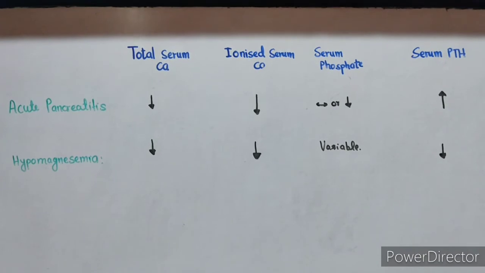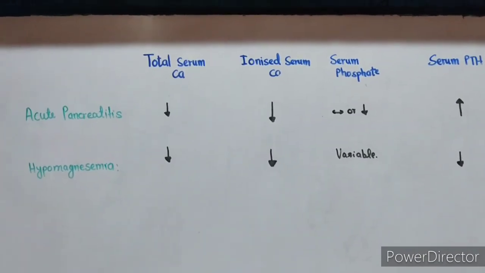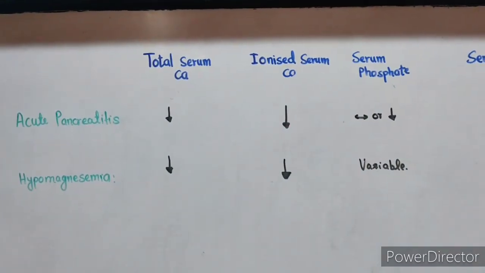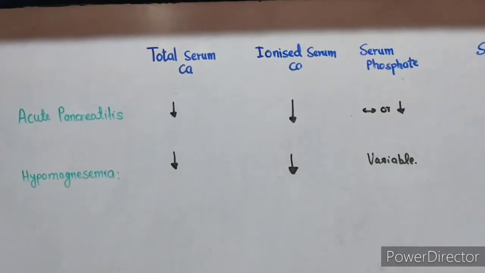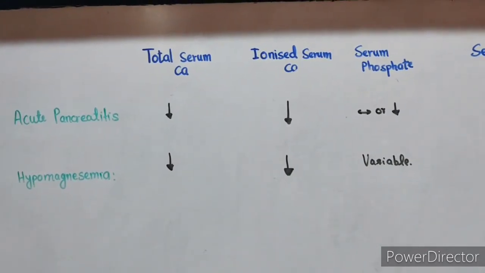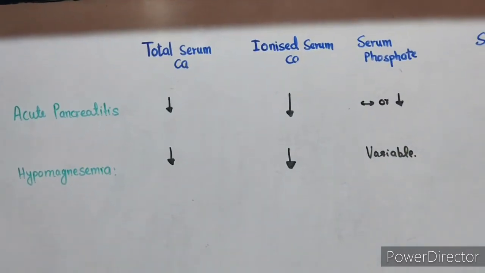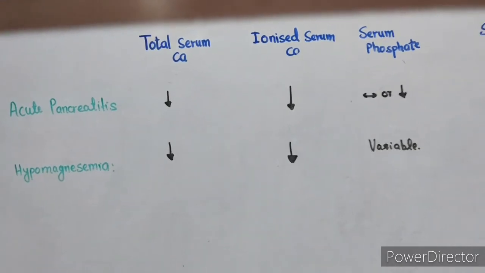Acute pancreatitis and hypomagnesemia are also causes of hypocalcemia. In acute pancreatitis, there is release of pancreatic enzymes. Among those enzymes is lipase. This enzyme degrades fats into free fatty acids. These free fatty acids combine with calcium to form soaps, which process is called saponification.